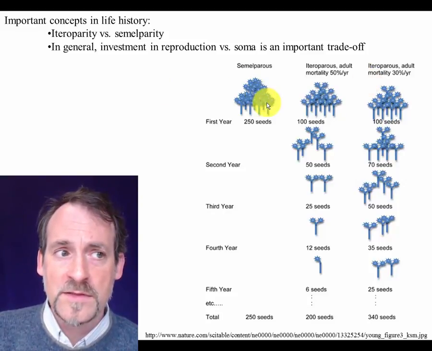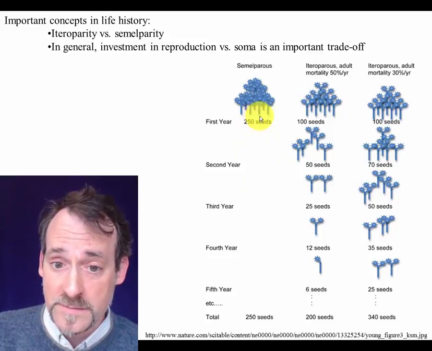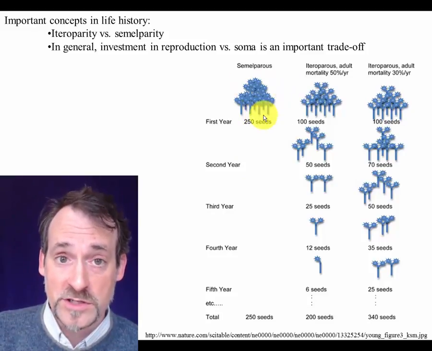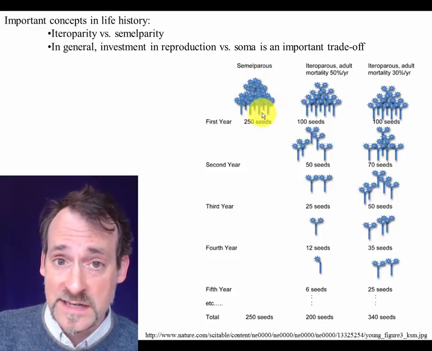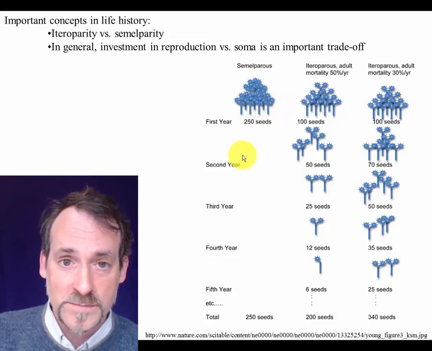When the likelihood of surviving to the next year is very poor, it's best to cash in your chips early and use semelparity, because then you get whatever payoff you're going to get right away. You don't have to count on surviving to get more.